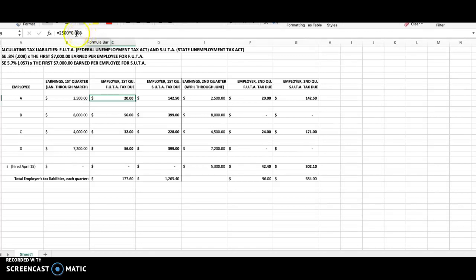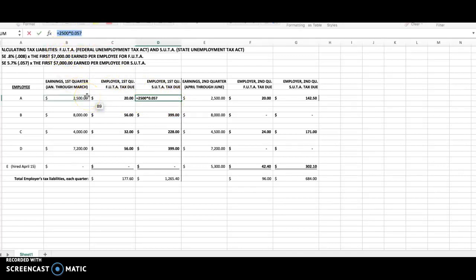For this employee, we take equals, need that little equal sign, 2,500, which is the amount he or she earned, times 0.008. If you do that calculation, or you do it on a calculator, either way, you'll come up with $20 for that employee. The same calculation, again, is shown up here in the formula bar.